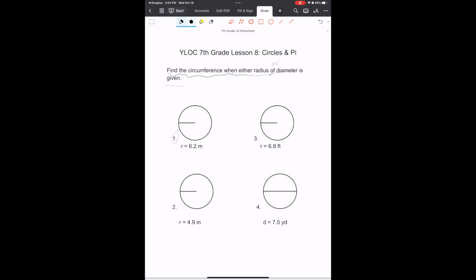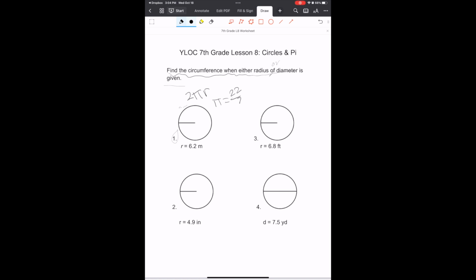So what is circumference? Circumference is basically the perimeter of the circle, and the formula for it is 2 pi r. So what is pi? Pi is equal to 22 over 7, but since we're using decimals here, 22 over 7 isn't really going to work.